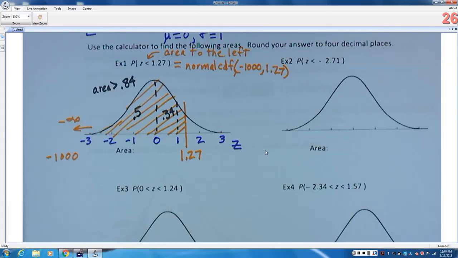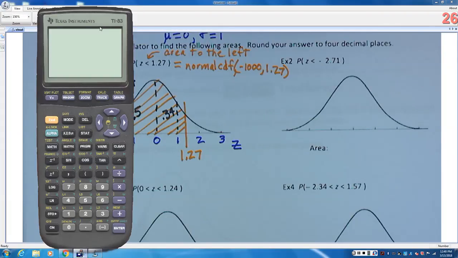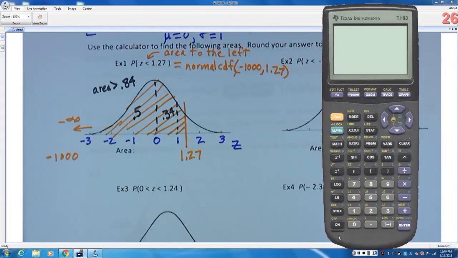Okay, let's turn it on. Clear. Okay, no, not stat, clear. Second, variables, because that's distribution. And we always use the CDF function, so go down to number 2.